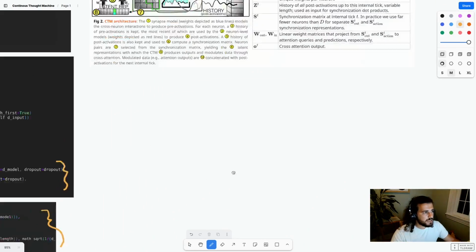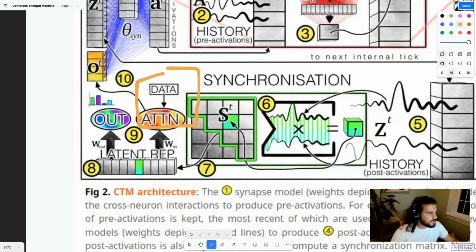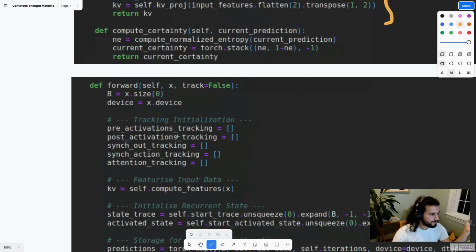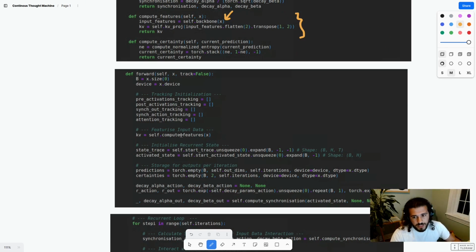In this case, we're doing this over here to get our KV, and the Q comes from here. This is how we compute the uncertainty. This is the normalized entropy that we saw before, and then you do 1 minus the normalized entropy to get your certainty.